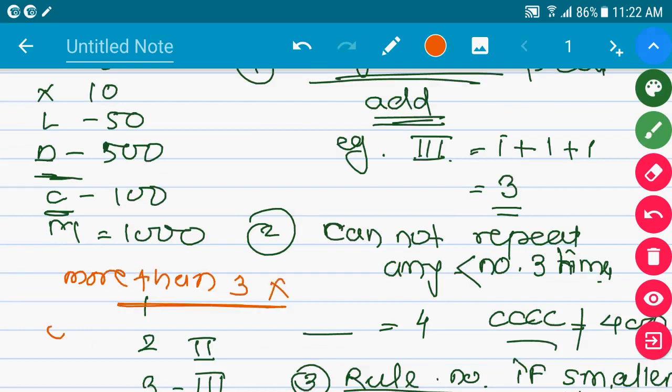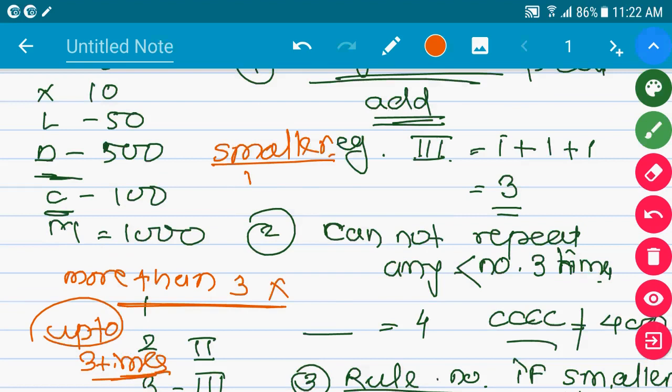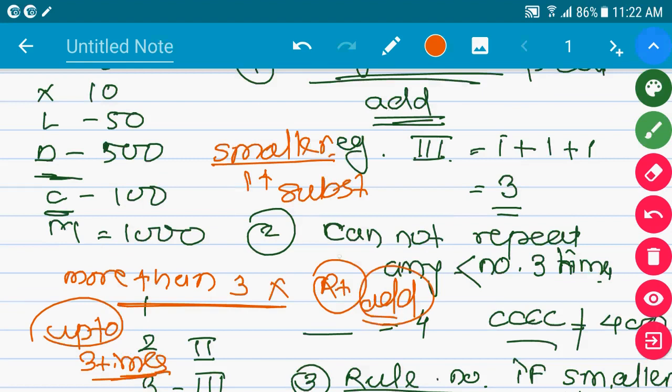We can only repeat up to 3 times. And if the smaller number is at the left, then subtract. If the smaller number is at the right, then add.